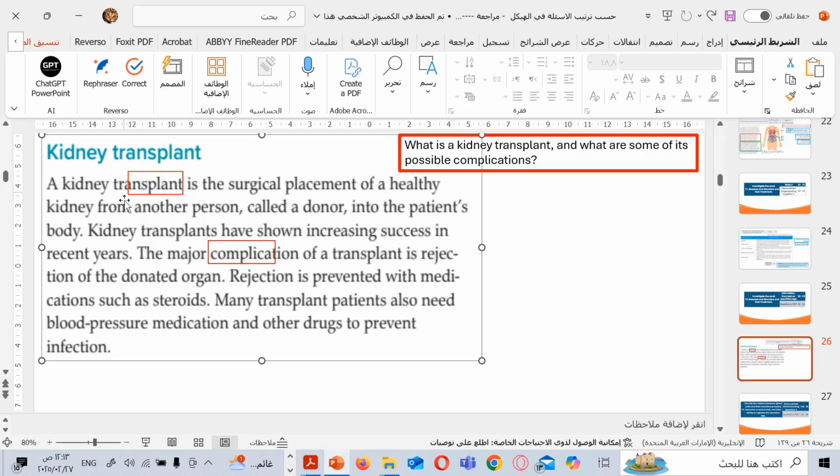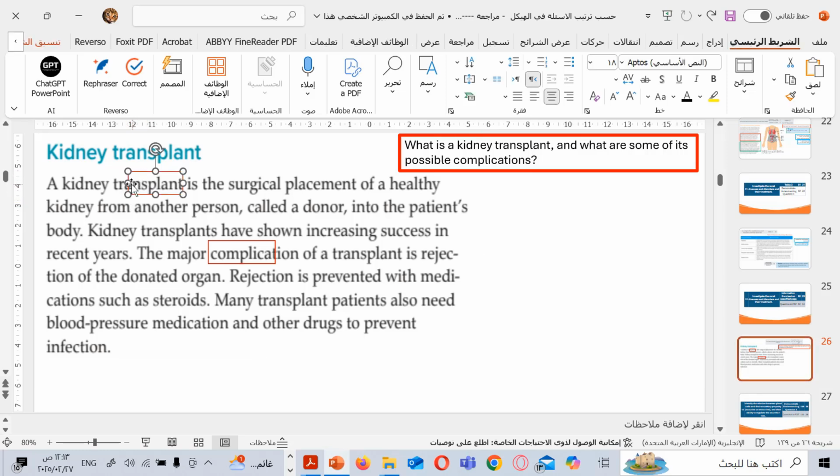A transplant is the surgical placement of a healthy kidney from another person, called a donor, into the patient's body. Kidney transplants have shown increasing success in recent years.